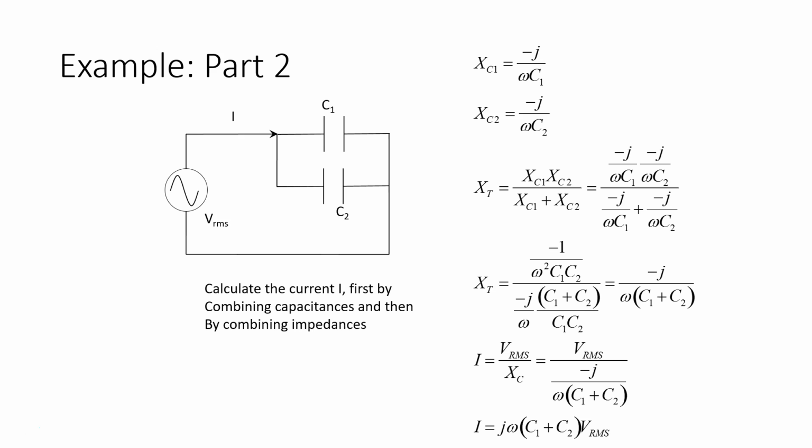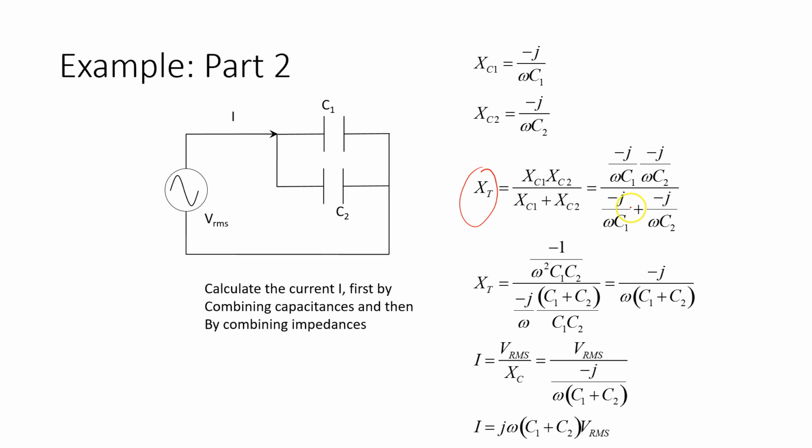I could do the same thing by combining the impedances, but this time, XC1 is minus j on omega C1, and XC2 is minus j on omega C2. Then to find the total impedance, I will have to do product over sum.